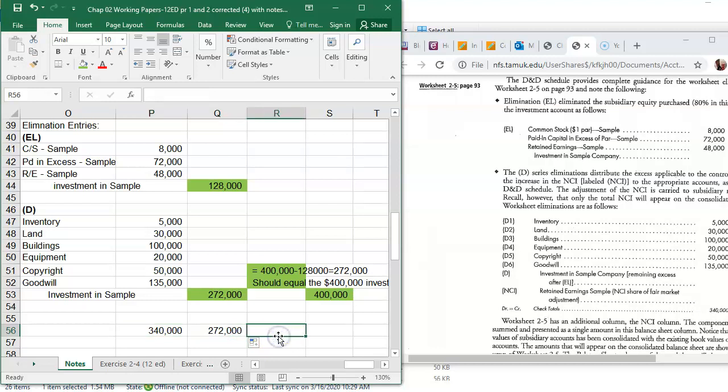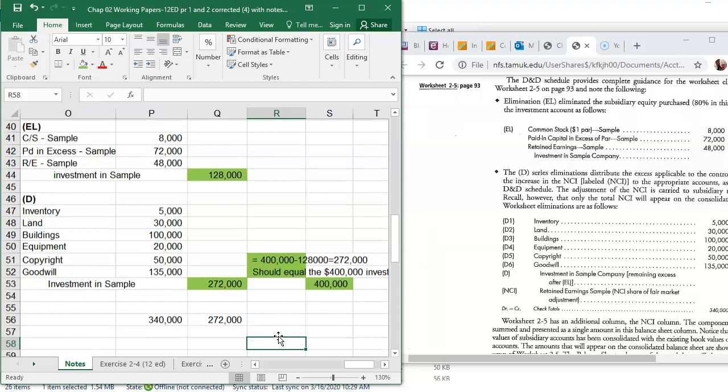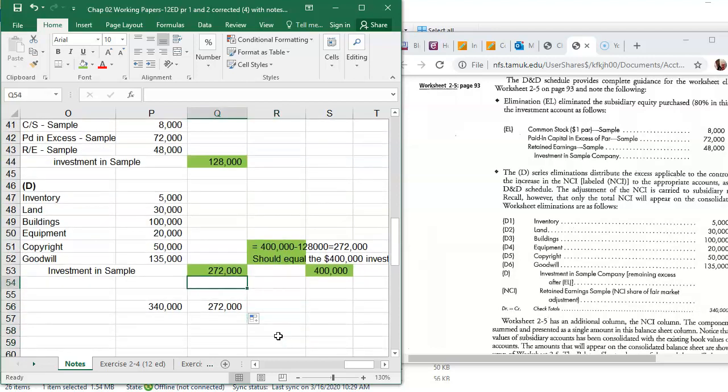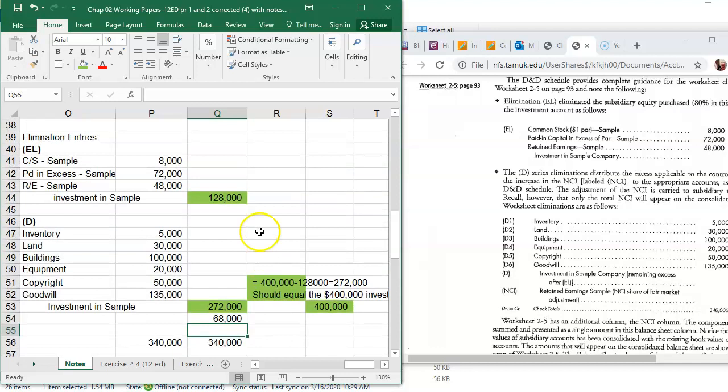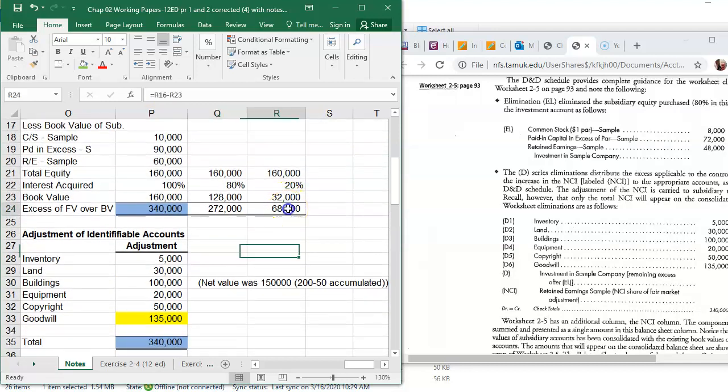My entry does not balance out at this point. To make it balance, I need another 68,000 right here, and that 68,000 is the other 20%. If you notice up here, this is 68,000.